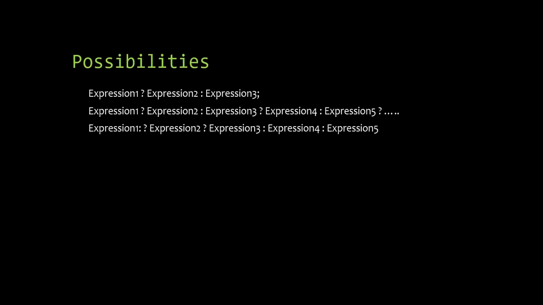So we have covered the first possibility and the second possibility. Now let us see how we can achieve the third possibility of using the ternary operator in nesting form. We have to define expression 1, and if it is true, then we calculate a new expression, and if this is true, then we evaluate the third expression.